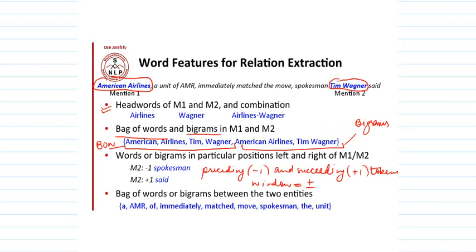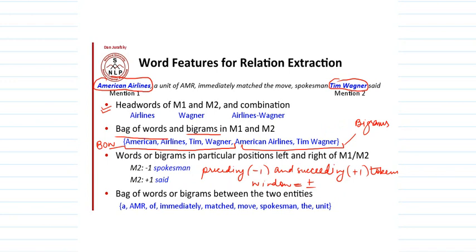If there are two entities M1 and M2, the head word is the more common word present in the entity, or the more spoken word. So the airlines and Wagner are the two head words, and we could also include a combination.